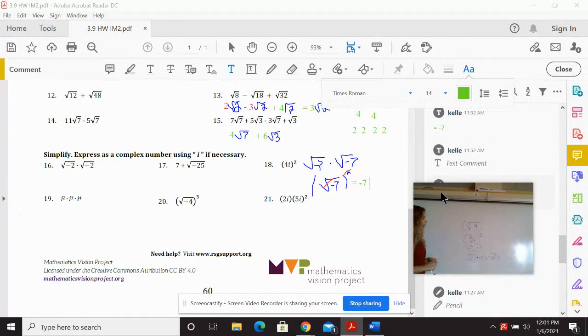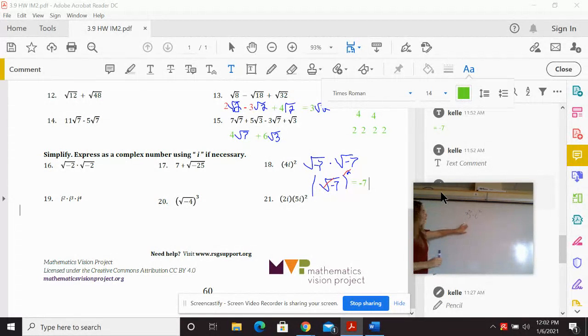Okay, so that's one way to get to your answer. If you didn't know what i cubed was, so let's pretend we don't, we'll go back to here. So we have 3 cubed times i cubed. 3 cubed we can all figure out.